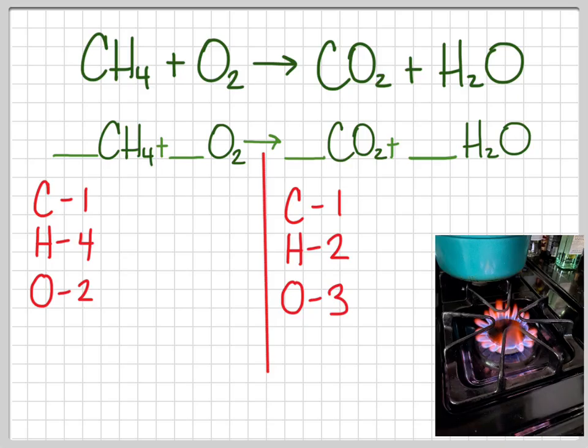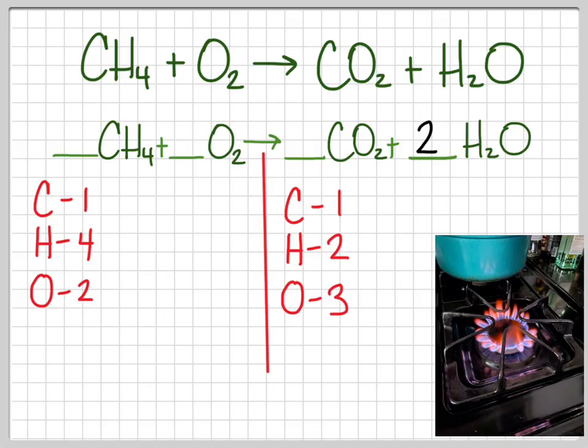I'm going to leave the oxygen on the reactant side to balance last because it's all by itself, and that means it'll be pretty easy to do. Right off the bat, I can see that I'm going to have to double the amount of hydrogen on the product side, so I'm going to stick a coefficient 2 in front of the water.